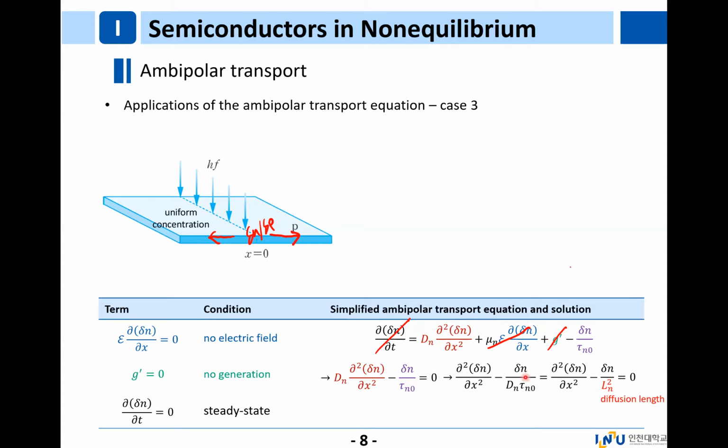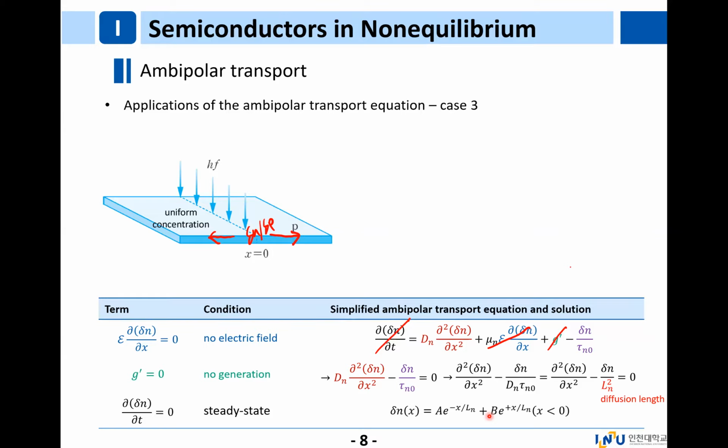The general solution to this equation is given by the following. Since minority carriers, electrons in this case, diffuse from x equals 0 and undergo recombination with majority carrier holes, the electron concentration approaches 0 at both extremes.